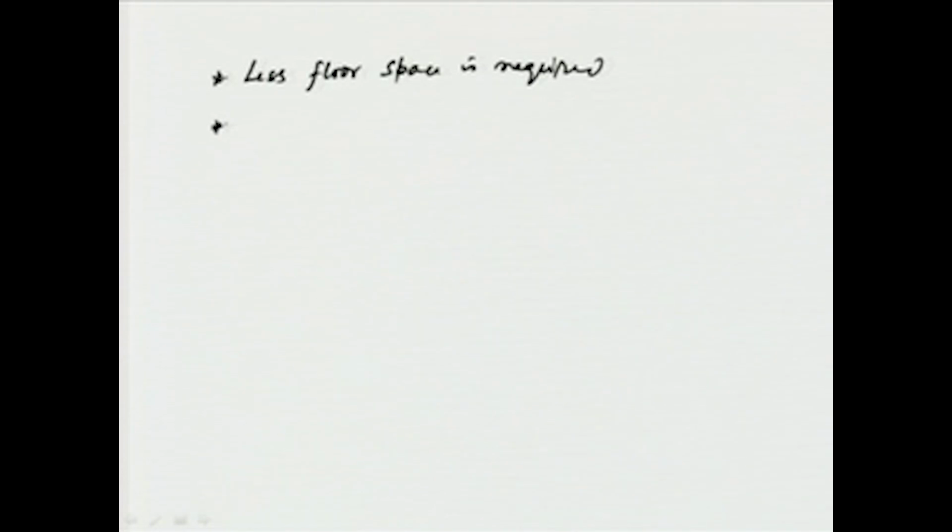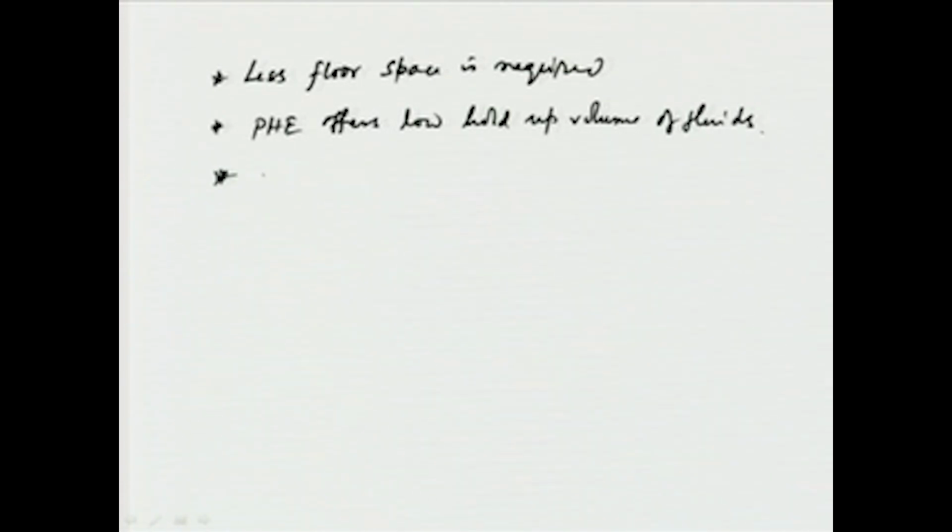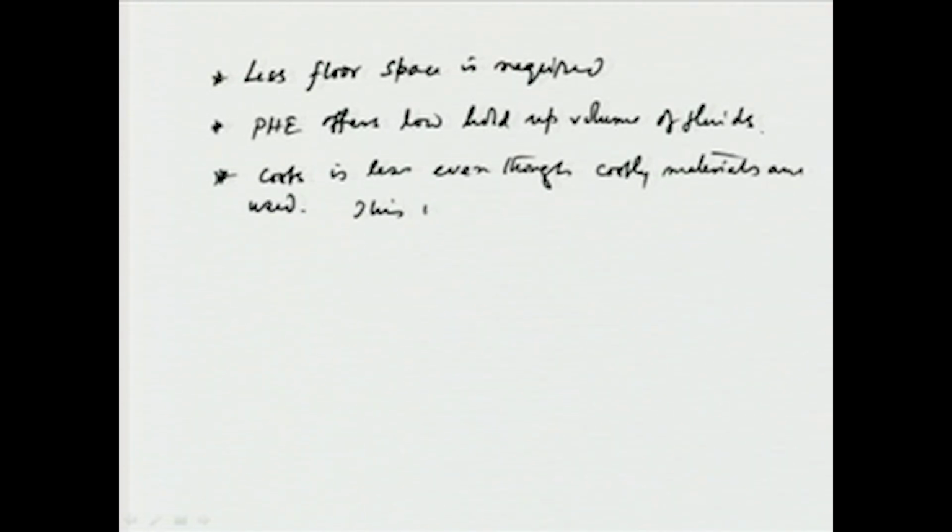And then the plate type heat exchanger offers low hold up volume of fluids, and the cost is less, even though costly materials are used, with respect to the shell and tube heat exchanger.